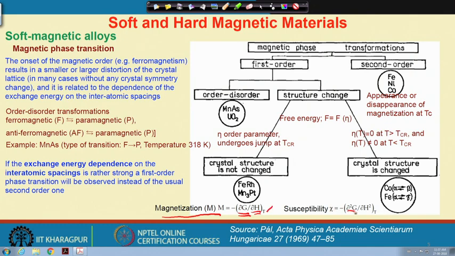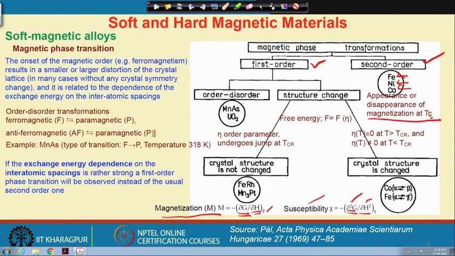Now, let us say I can have del square G by del H square, where the second order derivative of the free energy shows a discontinuity with the applied field, like a susceptibility, then we can call it a second order magnetic transition. However, in a broader category we can think about the first order as well as the second order transition. A second order transition basically occurs like in iron, nickel and cobalt, which is characteristic of a TC.